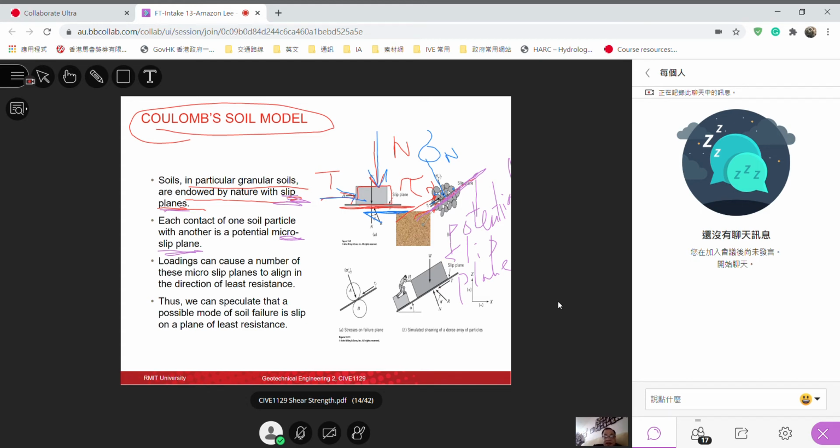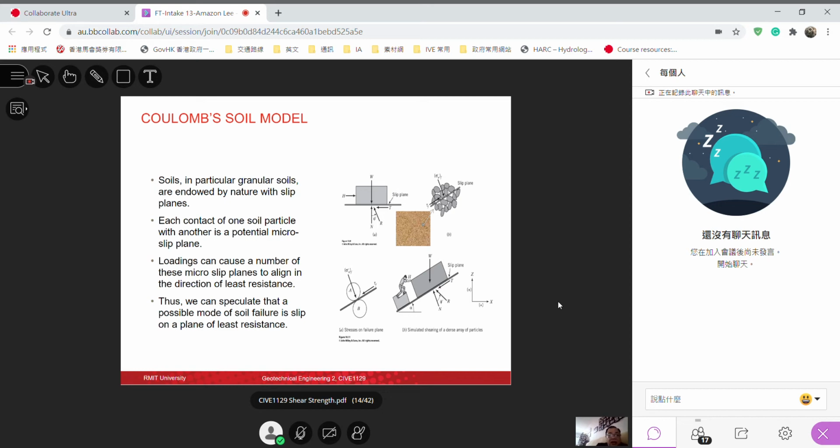Okay, let me clear this. For example, if this is a slope, potentially we could have a potential slip plane here.